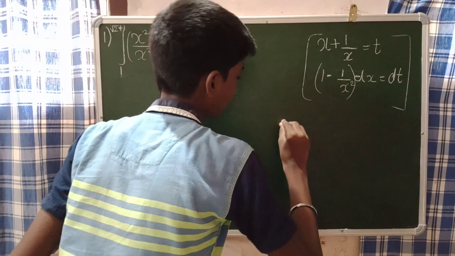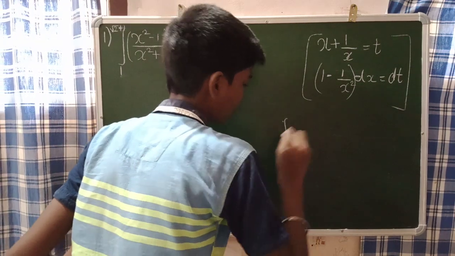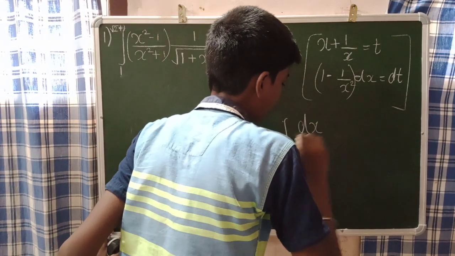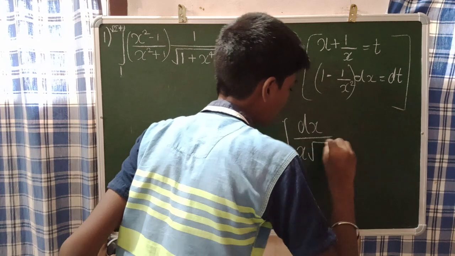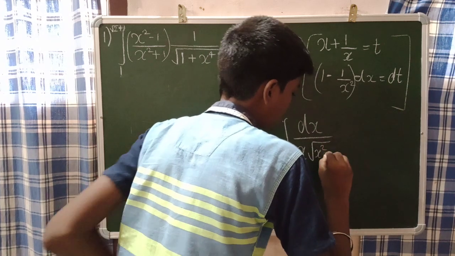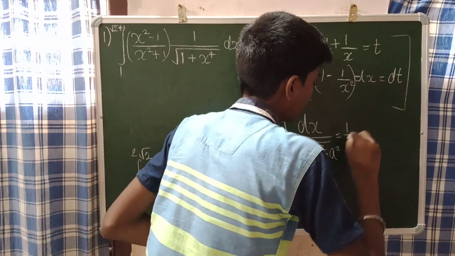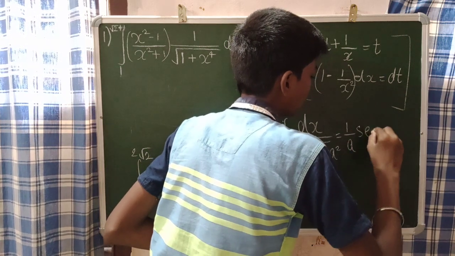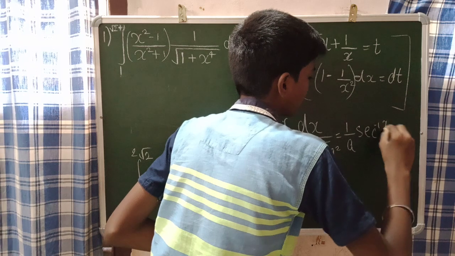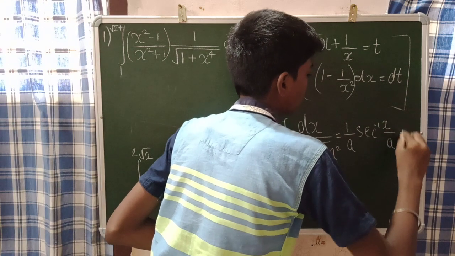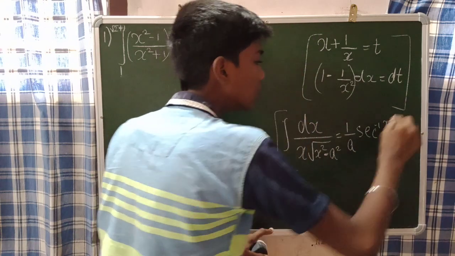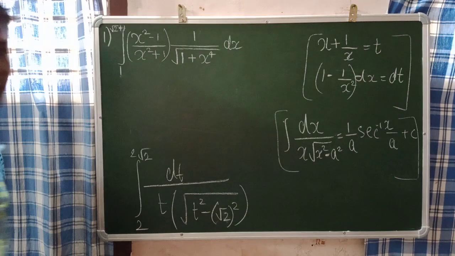You know the standard integral, right? Integral of dx divided by x into root of x square minus a square will be equal to 1 by a of secant inverse of x by a plus some constant. But for a definite integral, you don't need to put plus some constant.